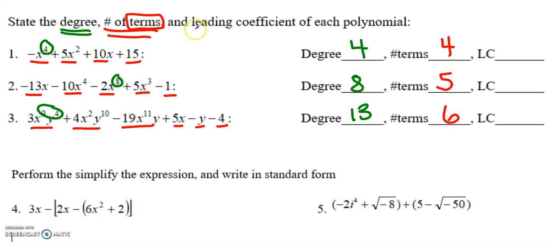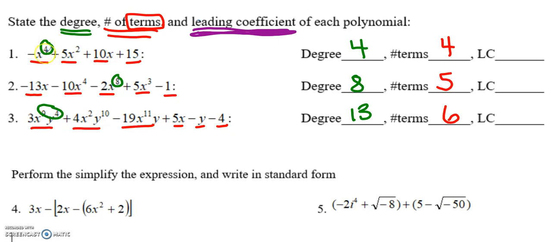And then the last bit of our vocab is this leading coefficient. Remember, the leading coefficient is not what is listed first, okay? It's what's listed first if your polynomial is in standard form, but your polynomial won't always be in standard form. So instead, you can think about it as the coefficient, the number being multiplied, with the variable that has the highest degree.